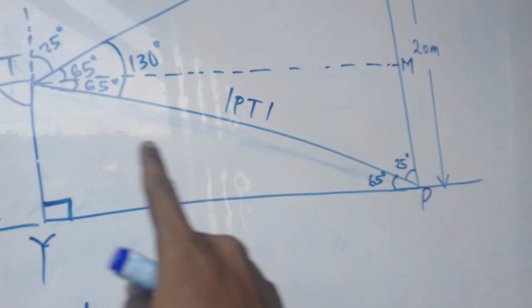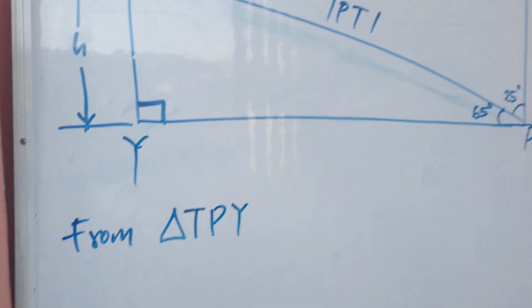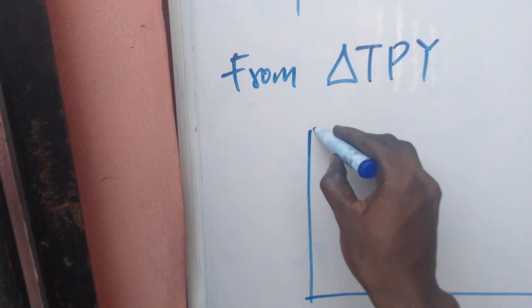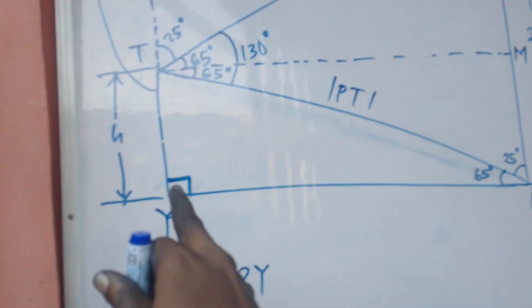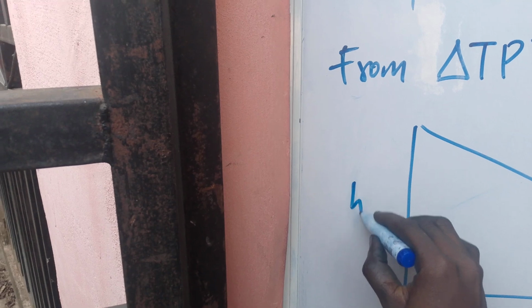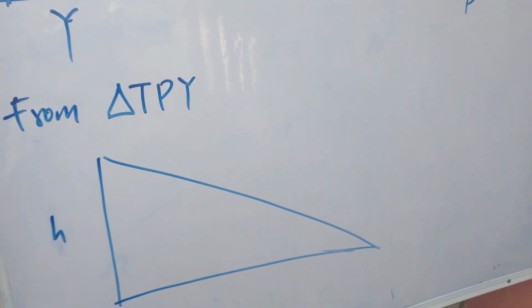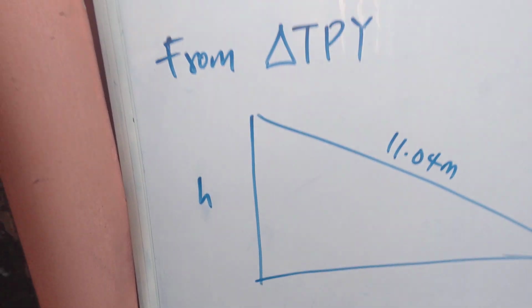Okay, so I can say from triangle TPY, if I cut out this triangle TPY so that I can find the height, here is the height. We had distance PT as 11.04 meters.